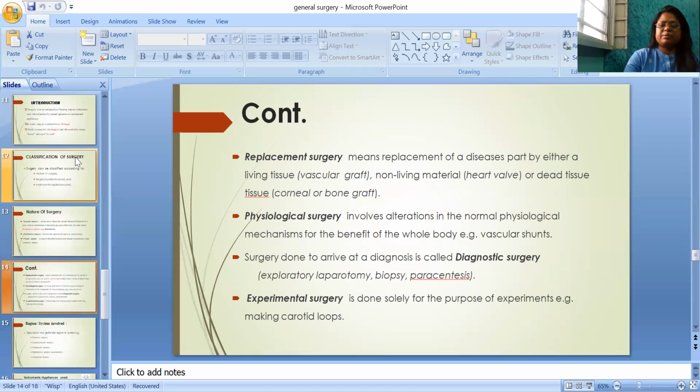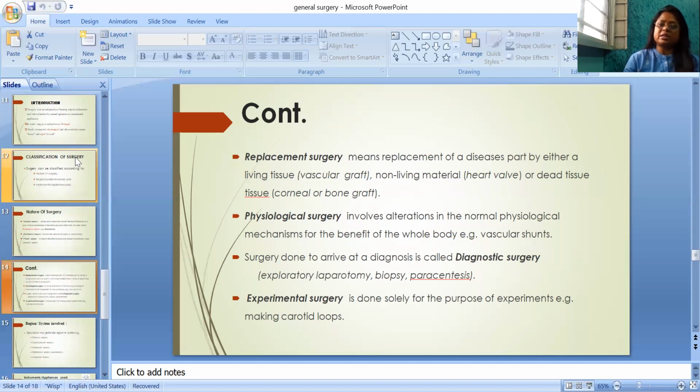Replacement surgery means replacement of a diseased part, either with living tissue, like a vascular graft, non-living material, or dead tissue, like a corneal or bone graft.